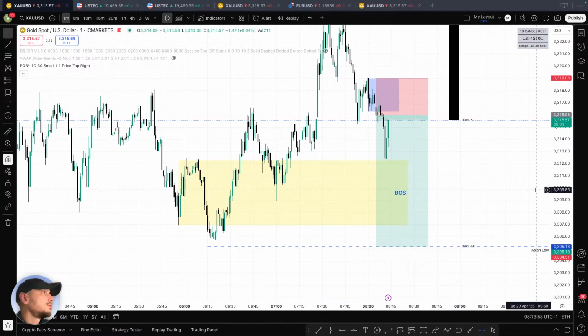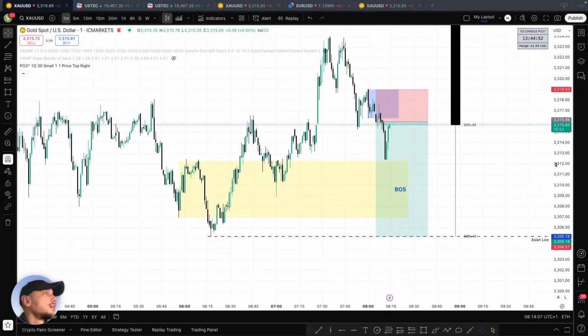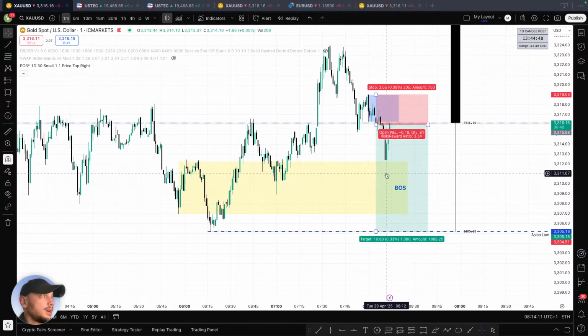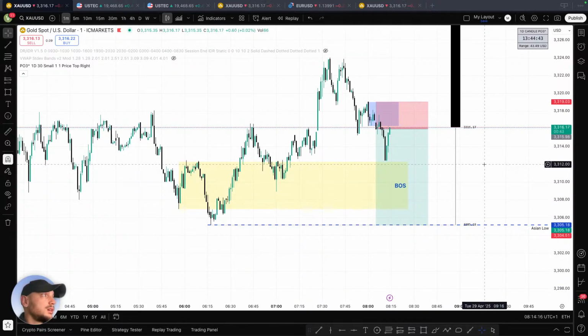Yeah, break even. Good Wolf. It was a good setup, and as we expected, it went back to the break of structure, and from here, break even for you.